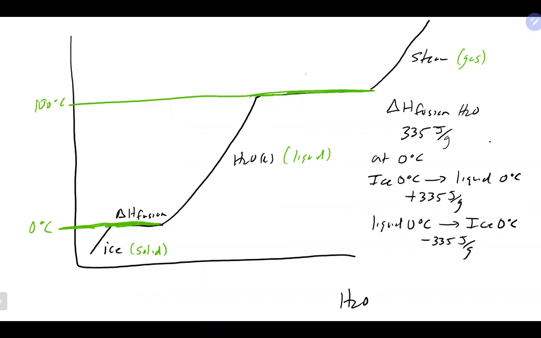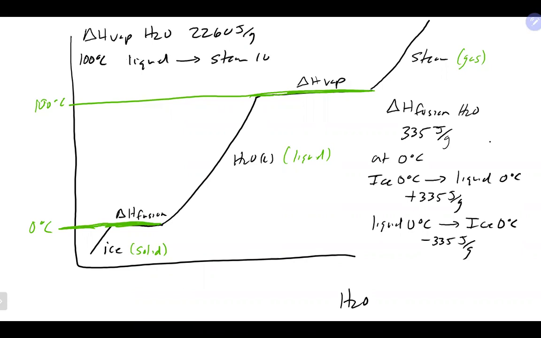Same thing up here. This is the delta H of vaporization, or the heat of vaporization. Same idea. For example, the delta H of vaporization for water is roughly 2260 joules per gram. If at 100 degrees Celsius I want to take liquid water to steam at 100 degrees Celsius, that's an endothermic process.